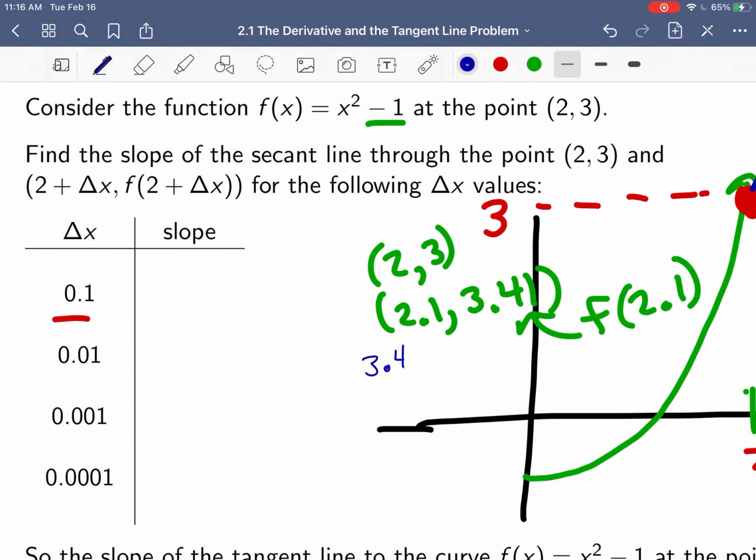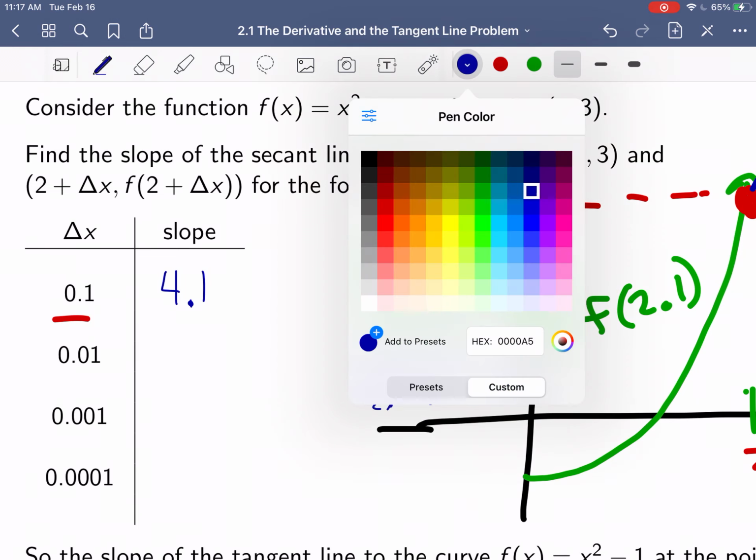So we have 3.41 minus 3 over 2.1 minus 2. When we do that, we get 0.41 divided by 0.1, which is 4.1. That is the slope between the point 2, 3, the point we're interested in, and a point that is 0.1 delta x away from it.